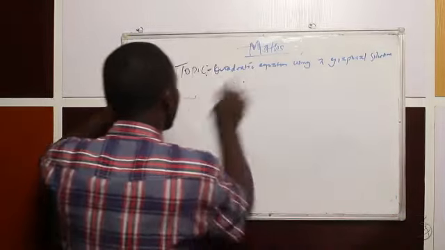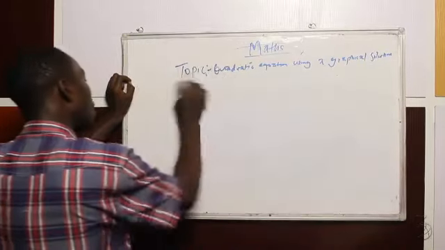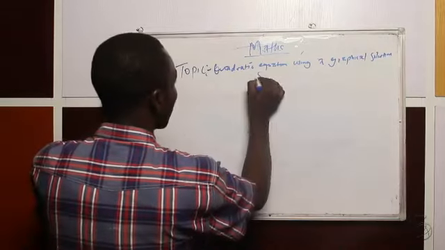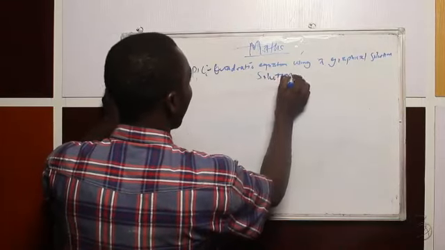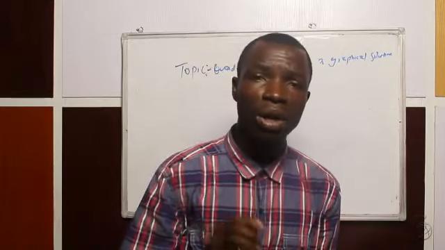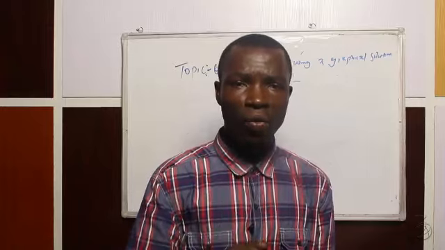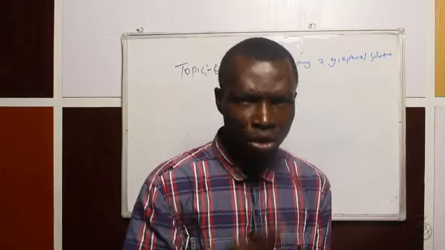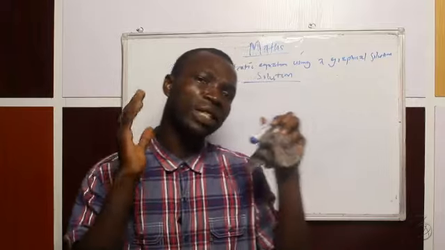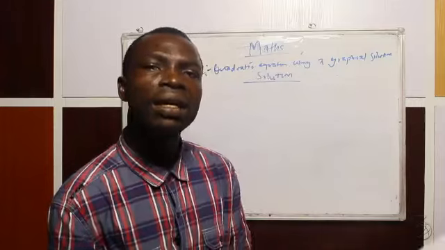Now, the solution to this question is what we want to solve now. Solution. The first thing that we need to know is our equation, and secondly, the x coordinate, the values of x. Then, once we know that, we draw our table of values. Our table of values will guide us so as not to make mistakes.